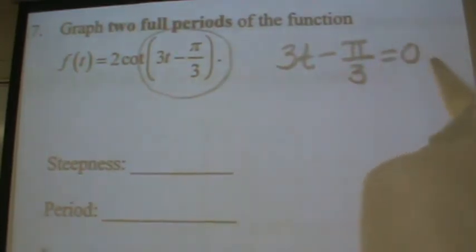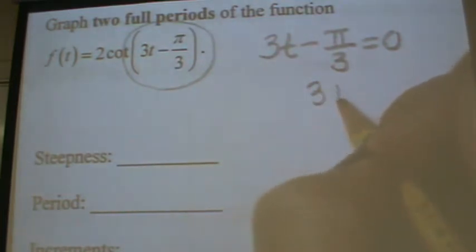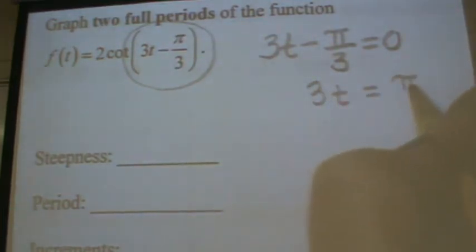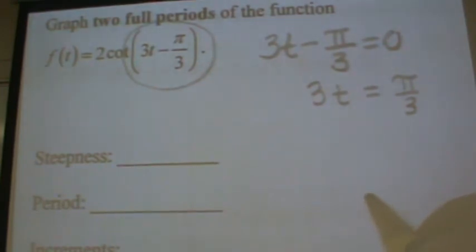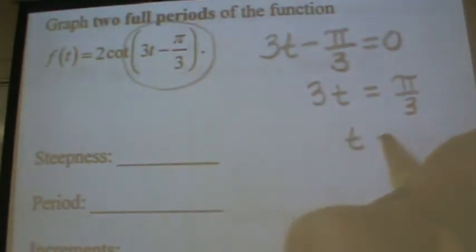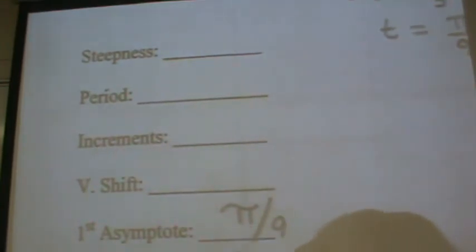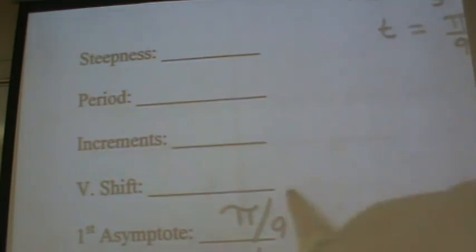You want to find out what t is, so solve for t. 3t equals pi over 3, and you're going to multiply by 1/3. You get t is pi over 9. That's your first asymptote. That's like your phase shift, your start position. Start at pi over 9.